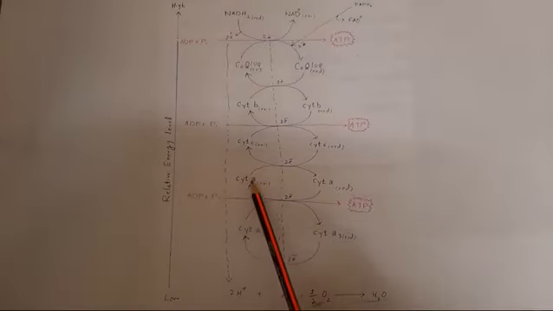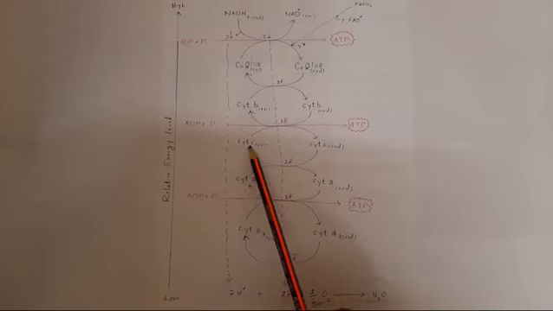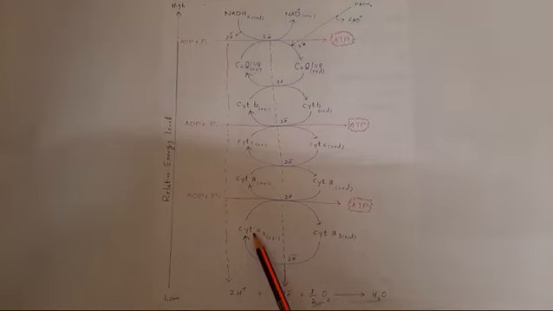For example, cytochrome A is at a low energy level as compared to cytochrome C, and cytochrome A3 is at a low energy level as compared to cytochrome A, right? So in the electron transport chain, each next molecule is at a lower energy level than the previous one.